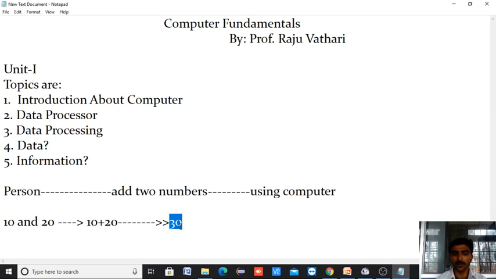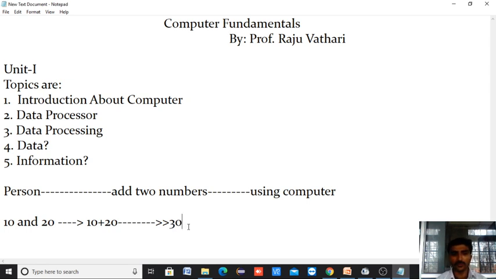This is a simple concept explaining what a computer is. When you provide these two numbers as input, or as data, as raw material, it takes them as inputs, performs the addition and produces the result. So this is the concept of a computer.